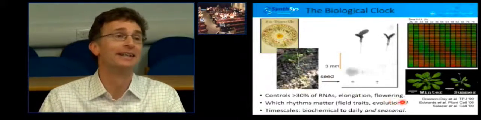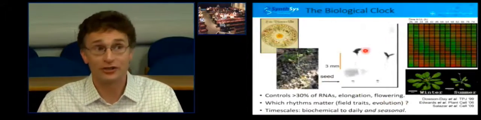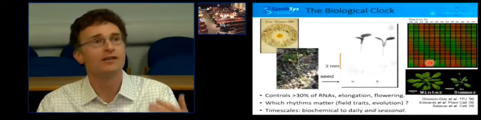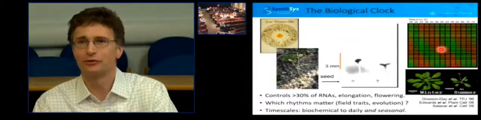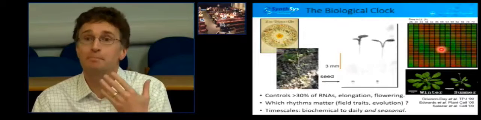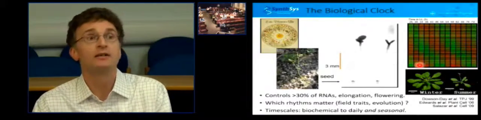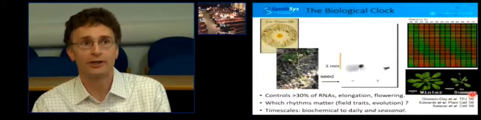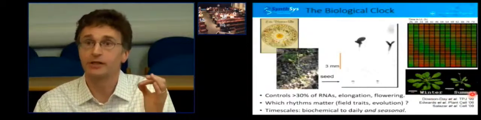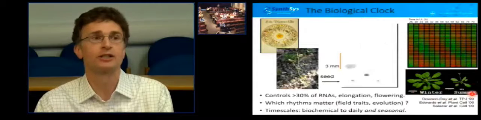In Arabidopsis, just as in other plants, the circadian clock doesn't just control elongation. This pervasive control of gene expression also affects many other physiological processes. For example, the day-length control of flowering time is a product of rhythmic circadian regulation.